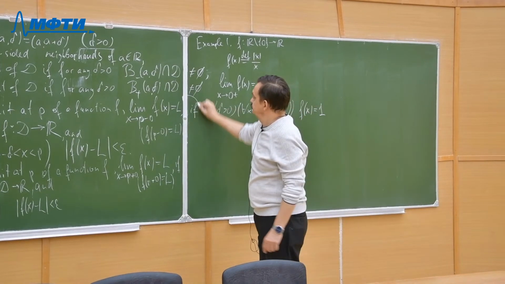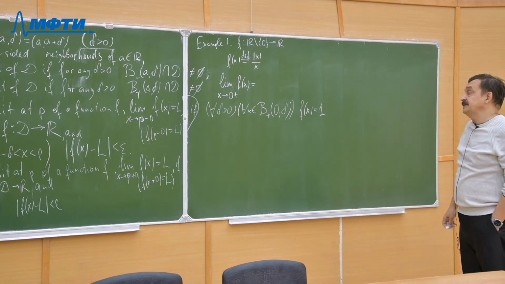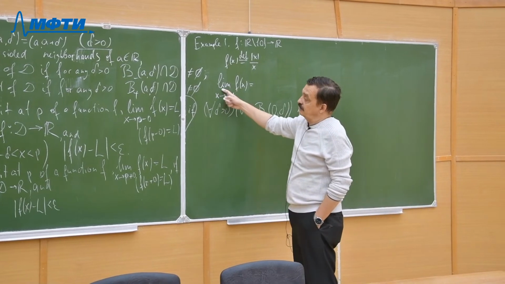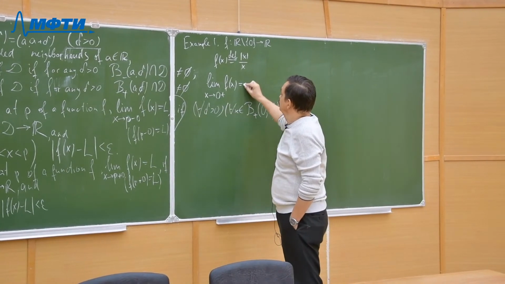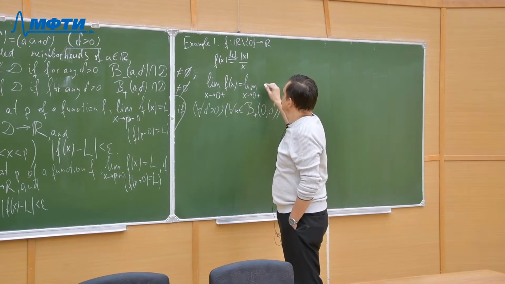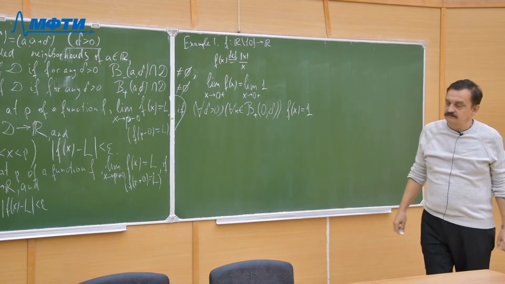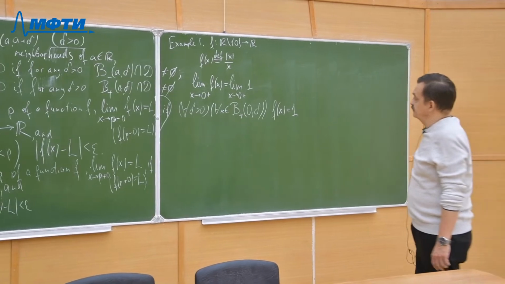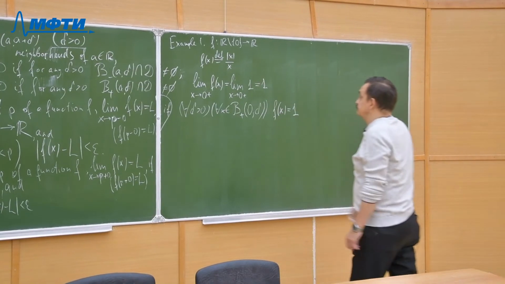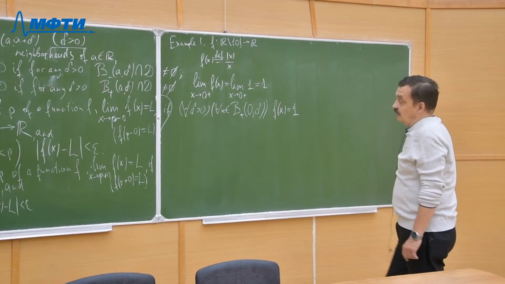So when we are interested in the right hand limit, it's the same as finding the limit of identically 1, and that is certainly 1.